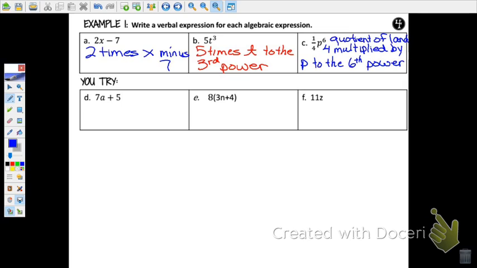So, I'd like you to write down D, E, and F in your book. Looking at D, E, and F, okay. D and F I think are pretty self-explanatory. With E, though, E is a little bit trickier because of these parentheses.